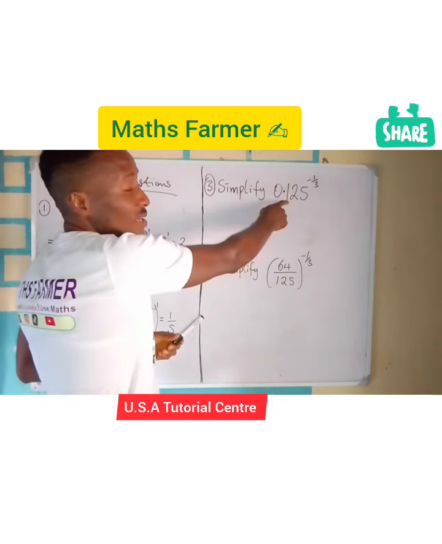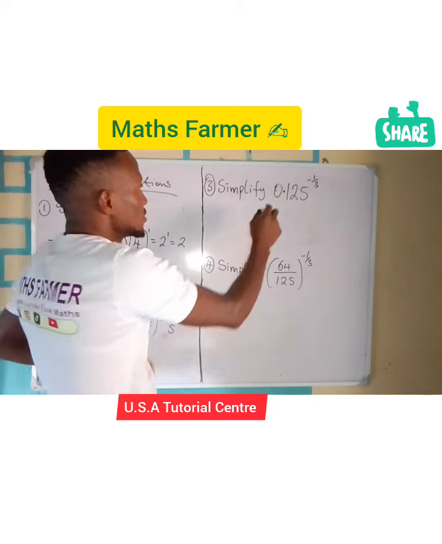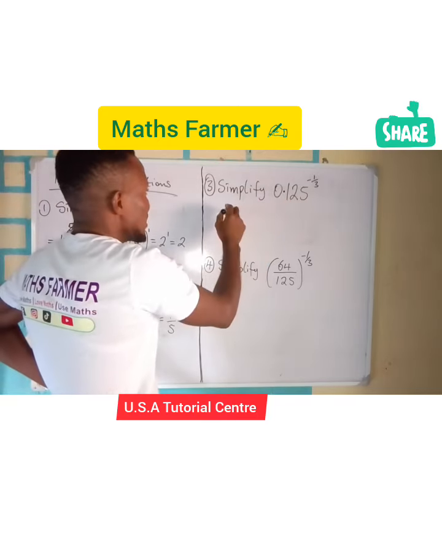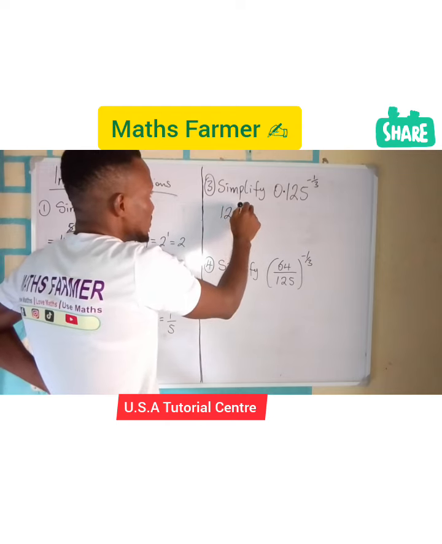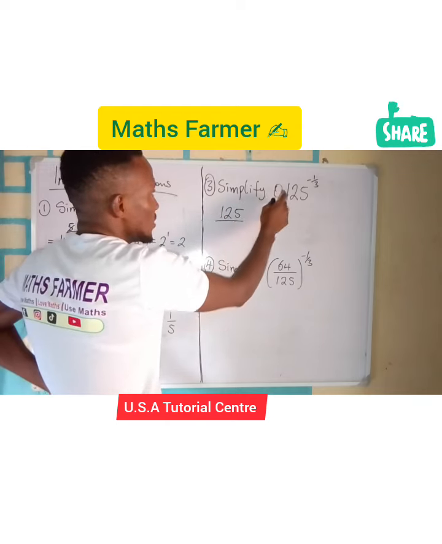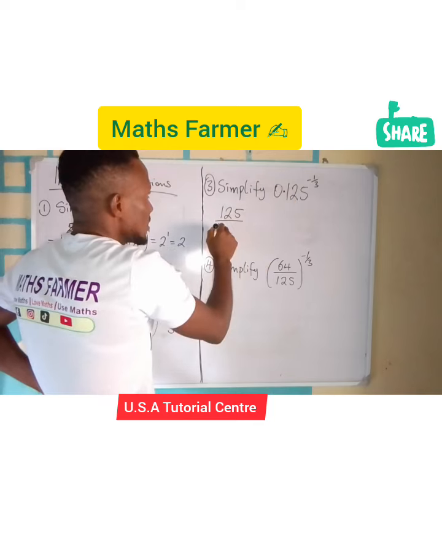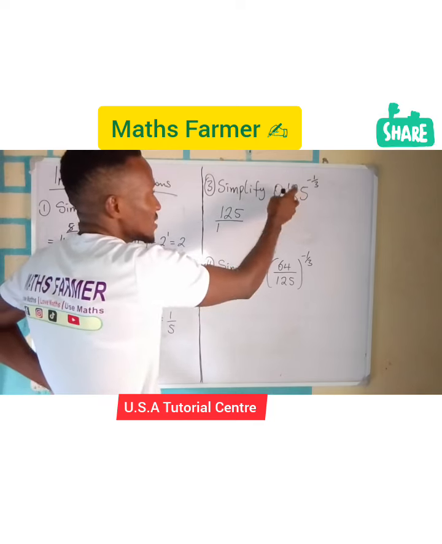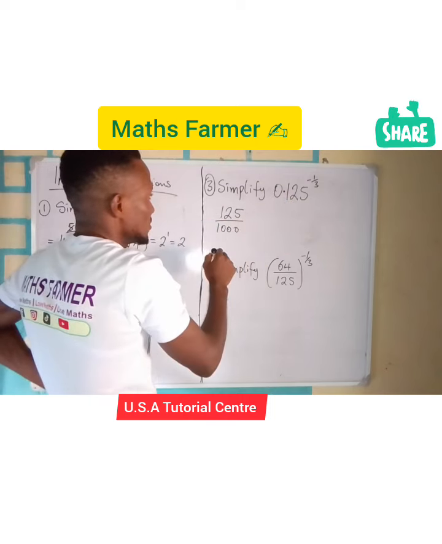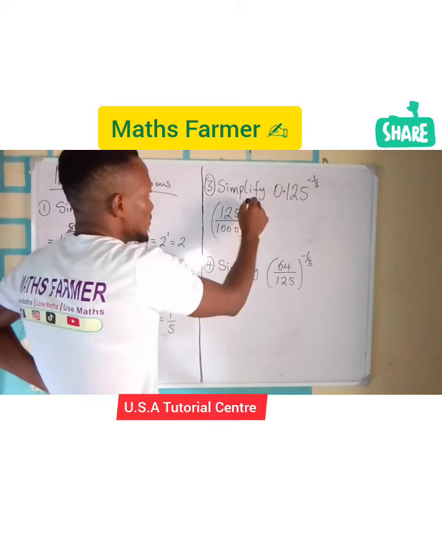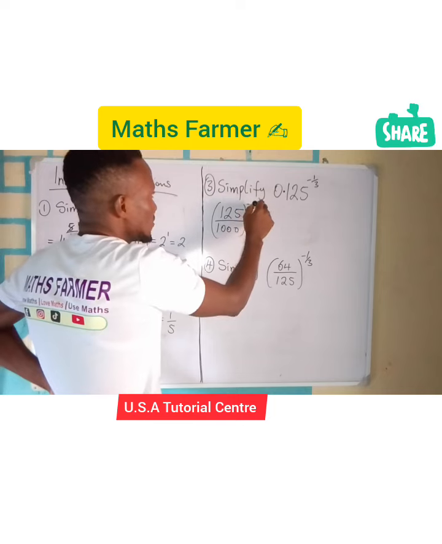What we have as the number there is 125 over. The point here is 1. How many numbers after the point? 3 numbers. We put 3 zeros, all raised to the power of minus 1 over 3.